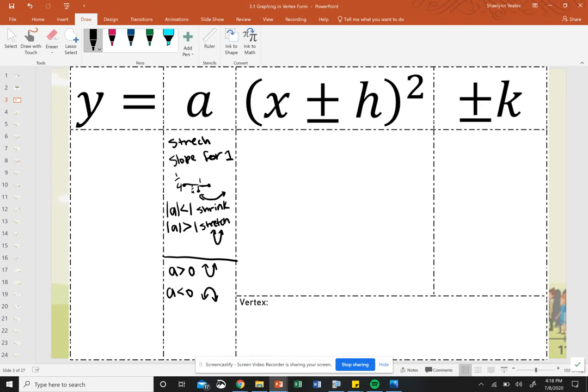Cool. All right, so over here, it's going to give us information about the vertex, or where things have moved. Just like we did with the absolute value graphs, the H is going to move in the same way, the K is going to move in the same way. So H, if H is positive, the graph shifts left.